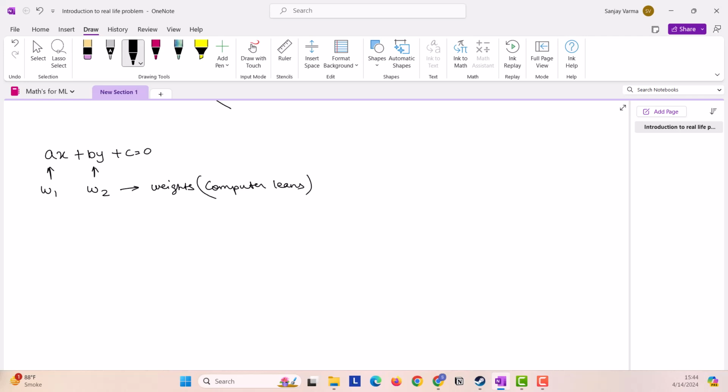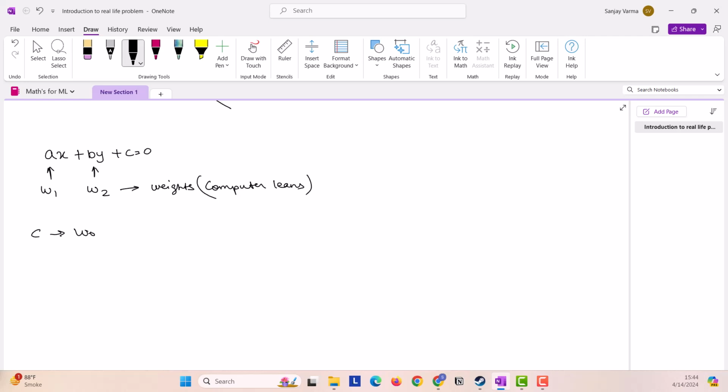And instead of x and y, we use x1 and x2, and they mean the same thing, that it has two dimensions. Right? C is represented as W0. So we are essentially changing the way it's represented.